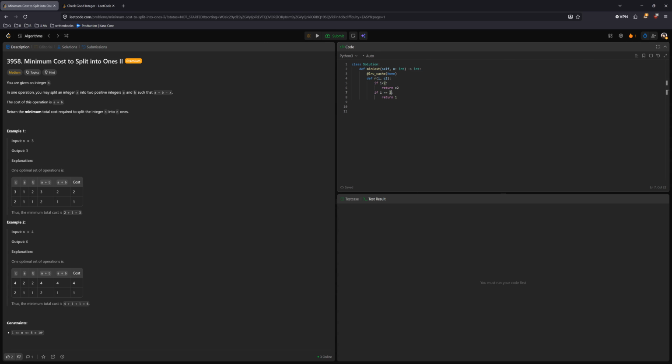Yes, now if i equals 2, then return 1 plus c2. So that is our base case. I still feel like there could be a 1 that would be worthwhile. Maybe I'm being stupid.